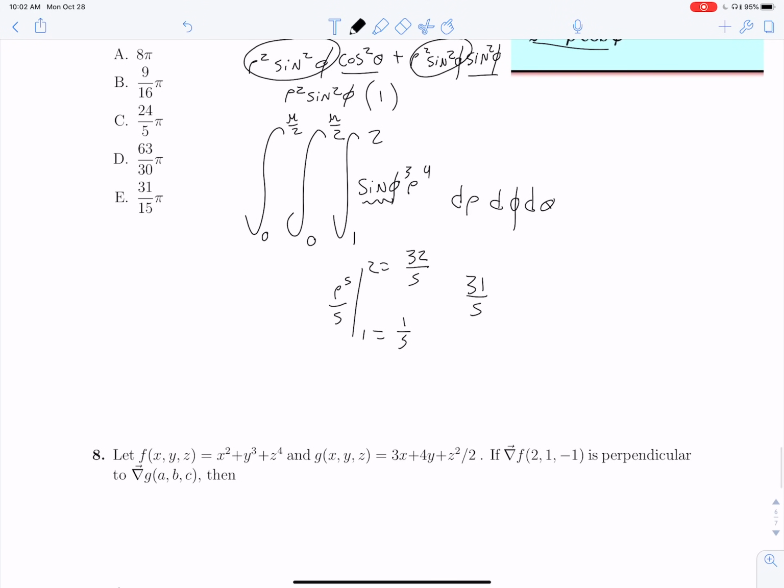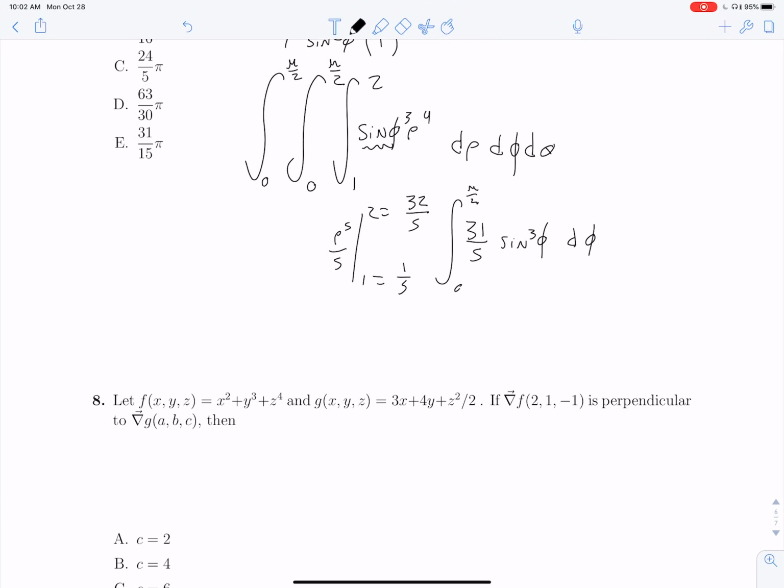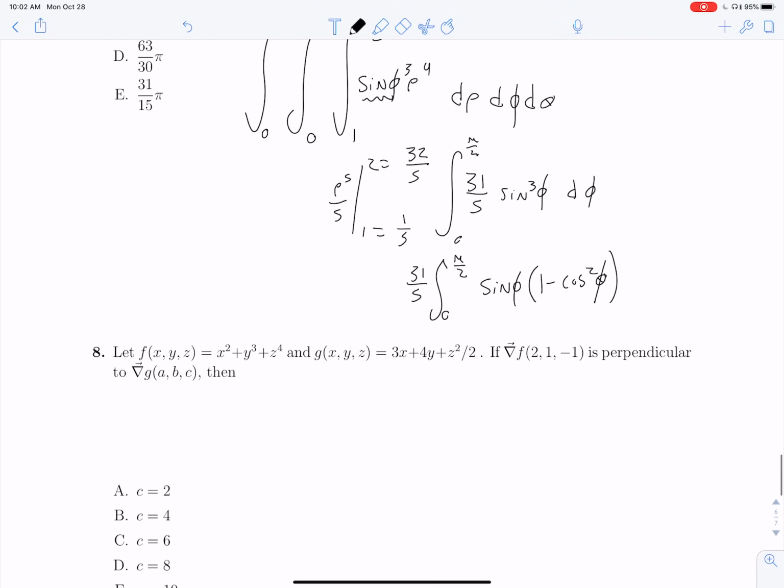And then we'll add our sine cubed phi back in and take our integral from 0 to pi over 2 d phi. We can do some u-sub here, so we're going to get 31 over 5 times the integral from 0 to pi over 2 of sine phi times 1 minus cosine squared phi.